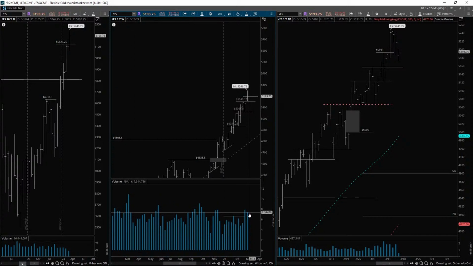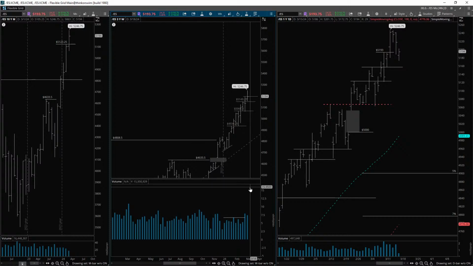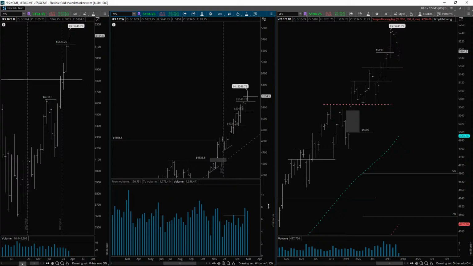The nuance would be if instead of having a really high volume here, we have lower, below last week, for example. Right?